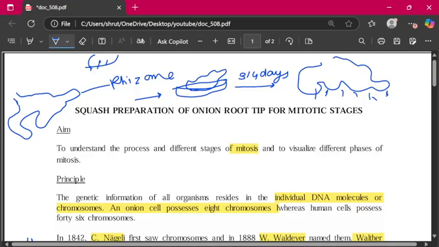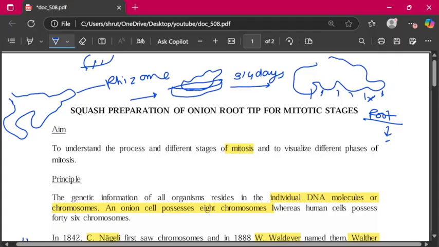So you don't have to cut the root hairs, you have to cut the roots for this squash preparation, or we can say for cytology purposes, because when you cut the root hair, you will not see anything, and when you take a proper cutting of the roots, then you will see good chromosomal segregation, or we can say the cell division, for which purpose you are doing the practical.